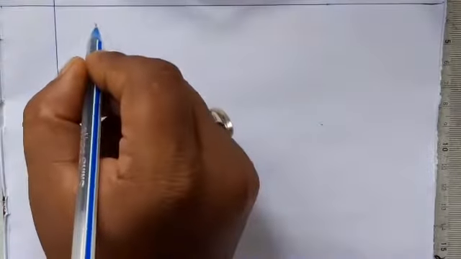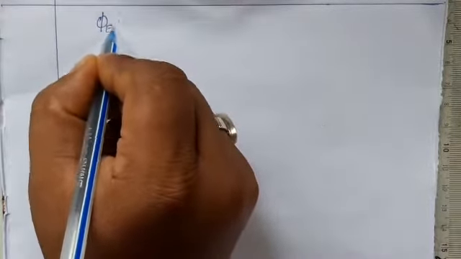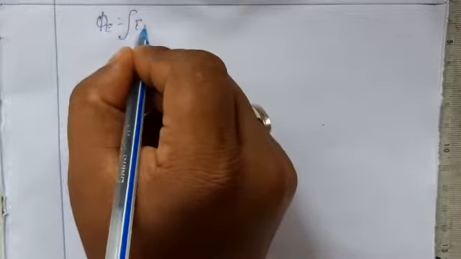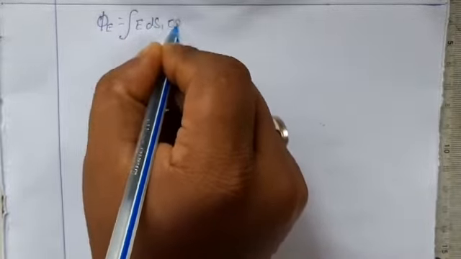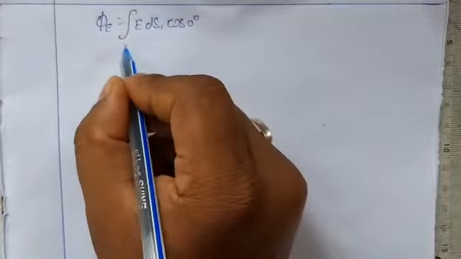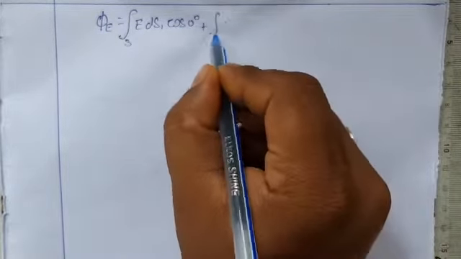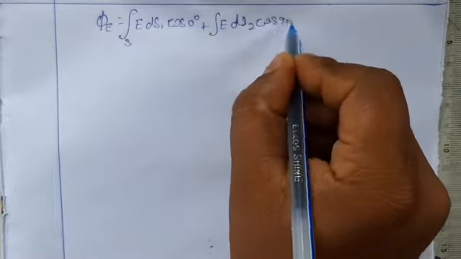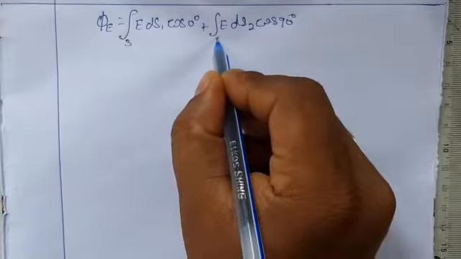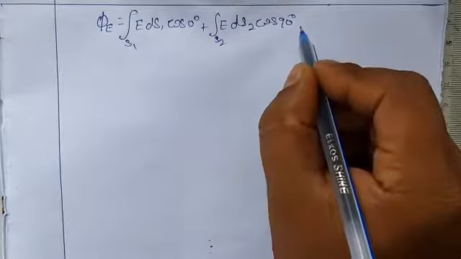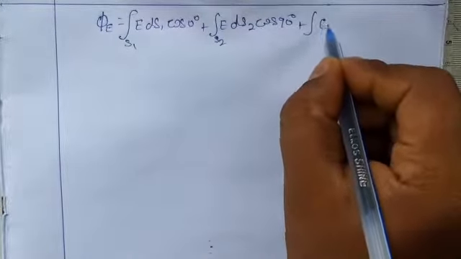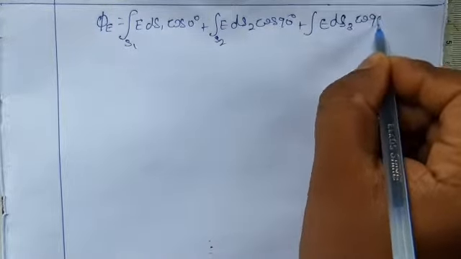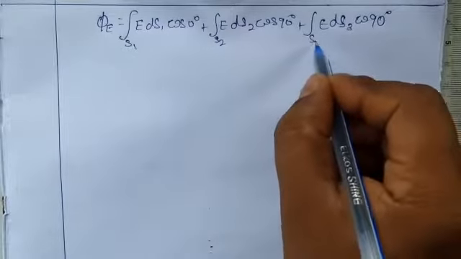So here total flux I can write phi E equal to E ds1 cos 0 degree over the surface S1 plus E ds2 cos 90 degree over the surface S2 plus integration E ds3 cos 90 degree over the surface S3.